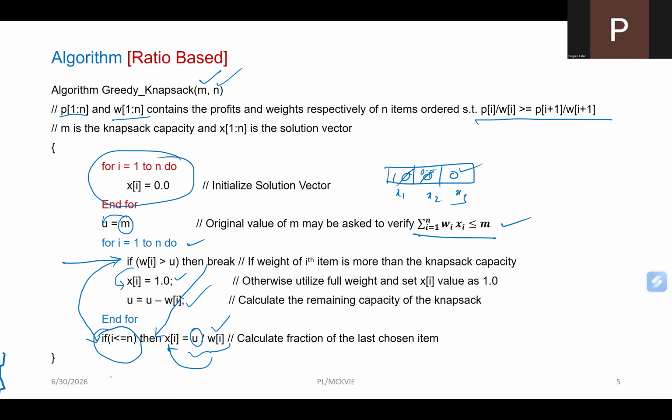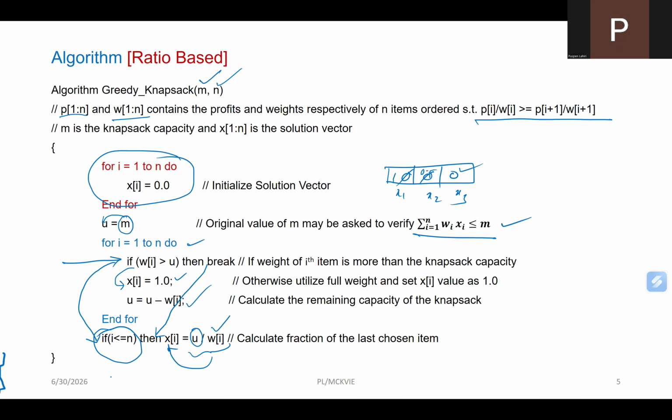So at most you can go up to the last item. In that case the last item may be a fraction. It may be the second item out of 3, or even the very first item can be fractional, because the first selected item may have more weight as compared to the capacity of the knapsack.